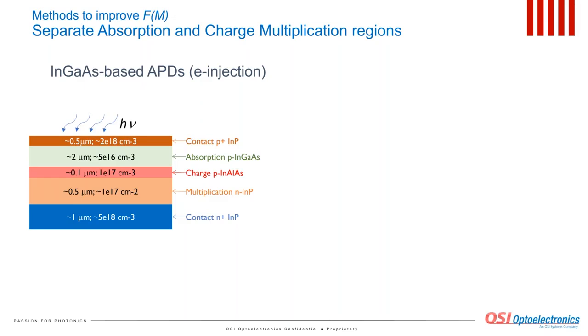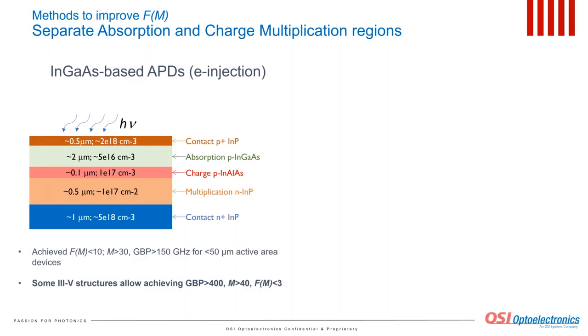The non-equilibrium holes drift toward the anode on the top and do not participate in avalanche multiplication. Whereas typical values of the excess noise factor for InGaAs APDs are about 10, some recently reported structures showed a factor around 3 with an avalanche gain of around 40.